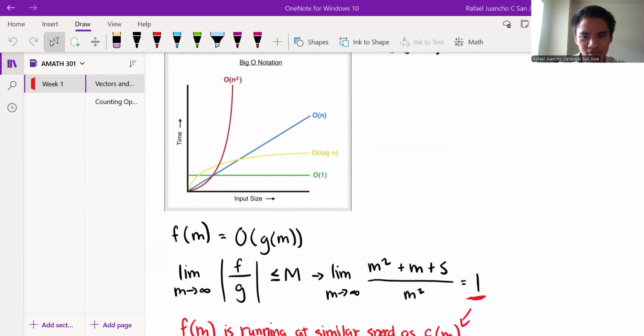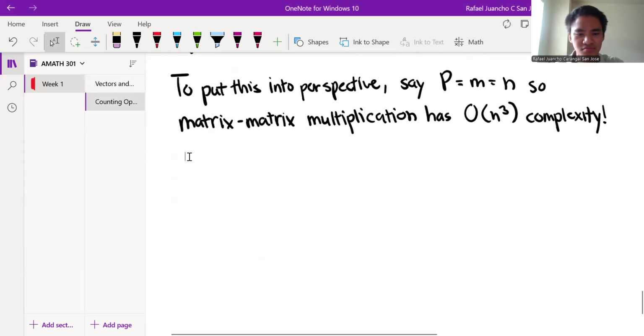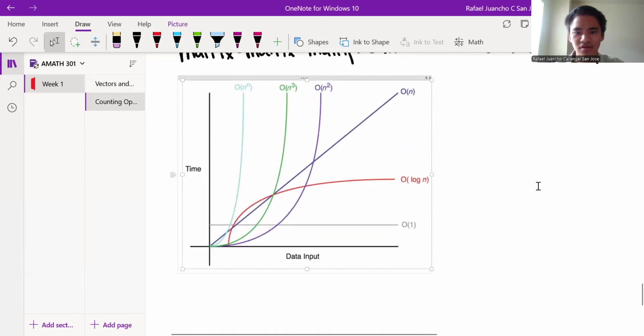Is there an n cube here? Oh, there we go. We have a nice one here. Actually, we can just use this. Yes, I'm gonna use that. And boy, would you look at that.